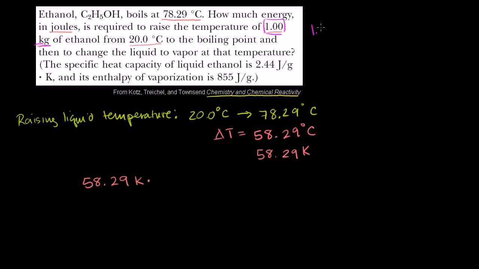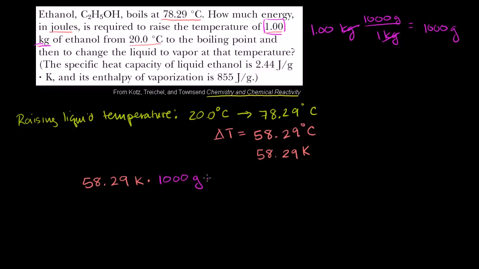We could write 1.00 kilogram times 1,000 grams per 1 kilogram. These cancel out. This is the same thing as 1,000 grams, although the reality is we only have 3 significant digits. This makes it look like we have 4.